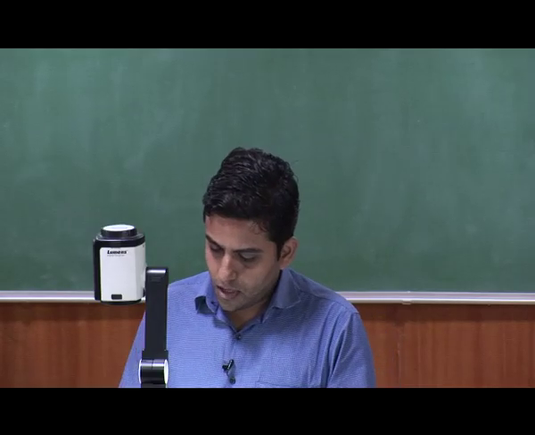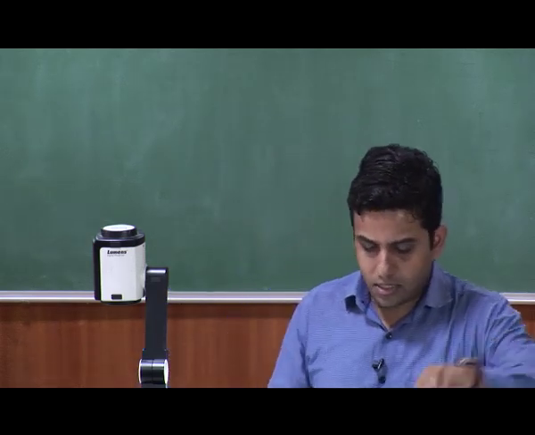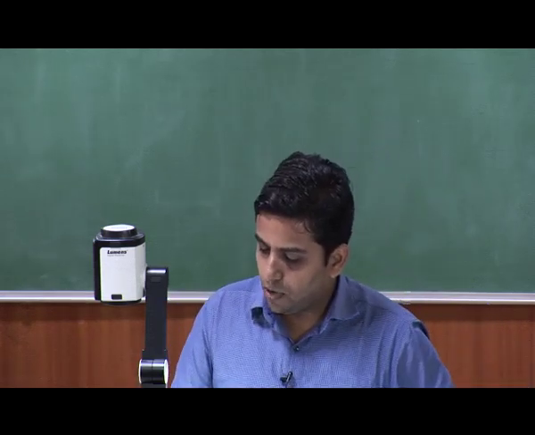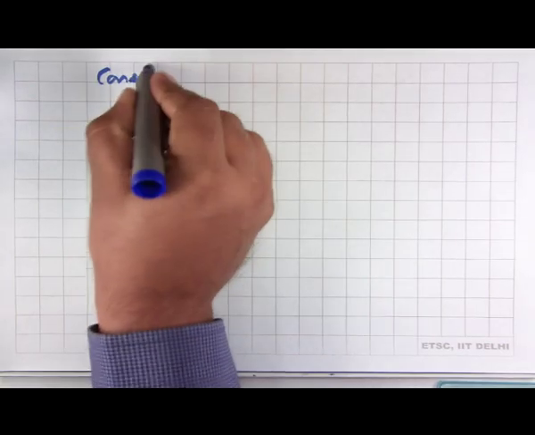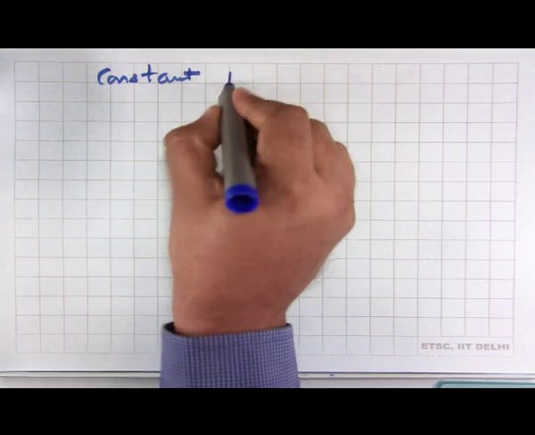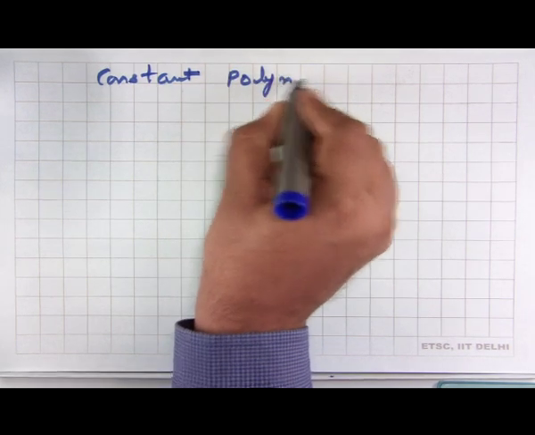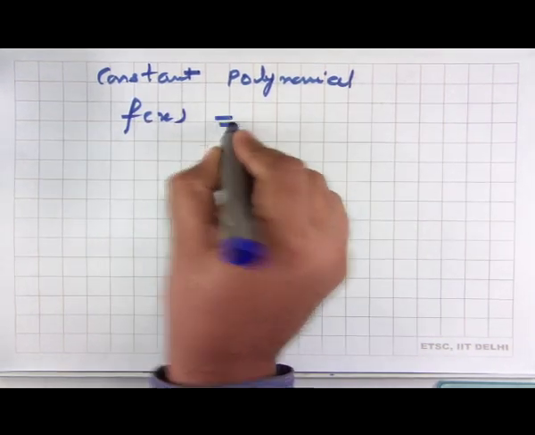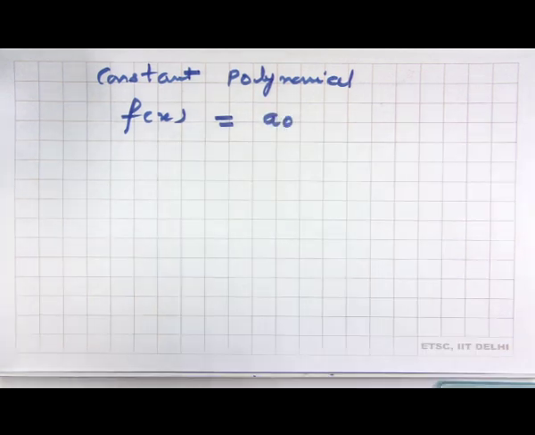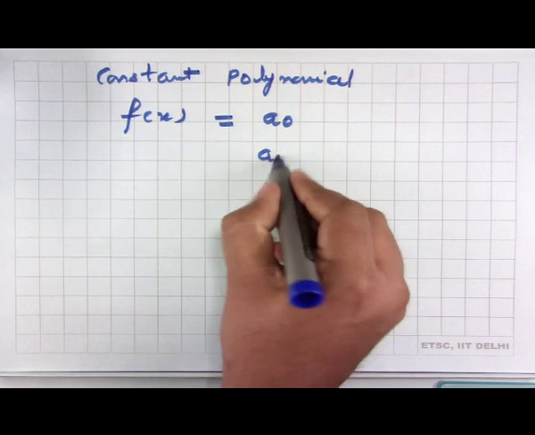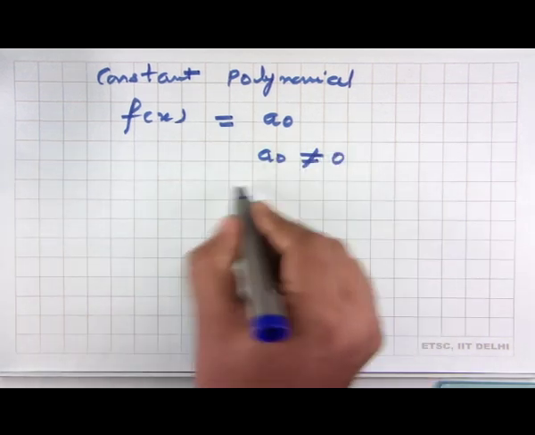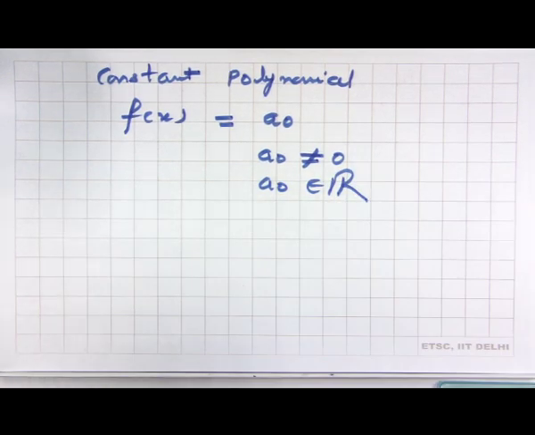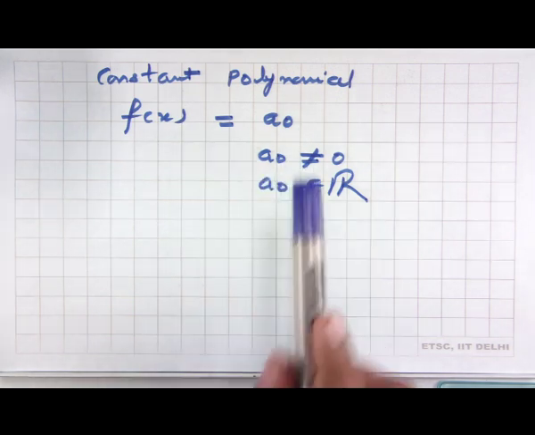Now we shall discuss first the constant polynomial. What is a constant polynomial? When f(x) equals a0, and this a0 is not equal to 0, and a0 belongs to any real number R, so f(x) is a constant polynomial.